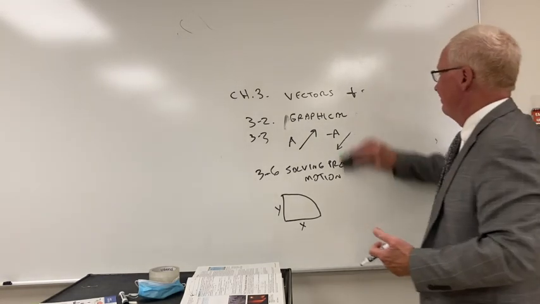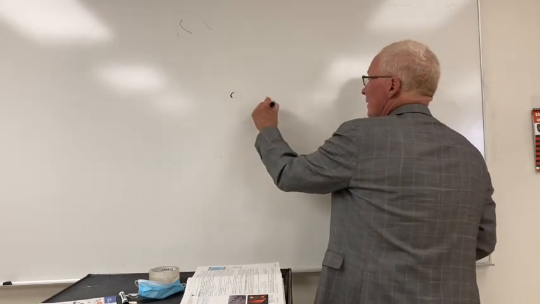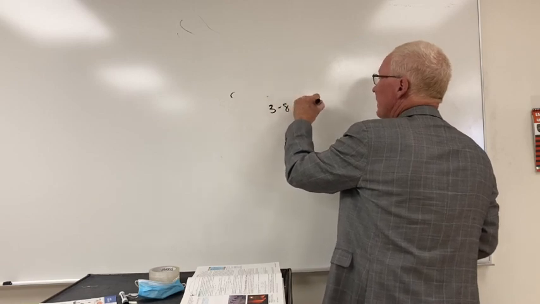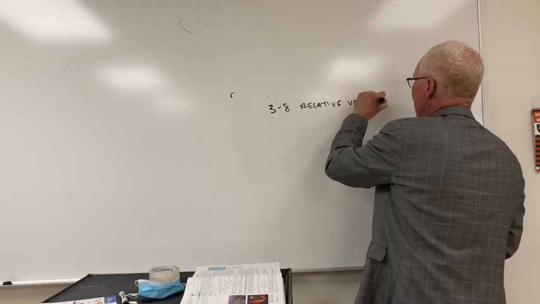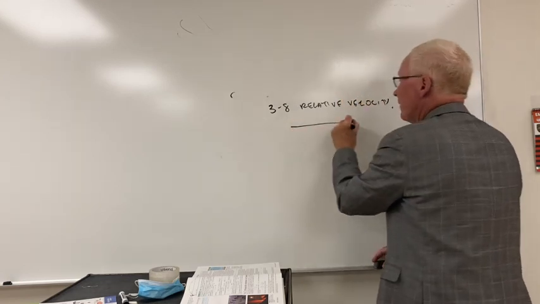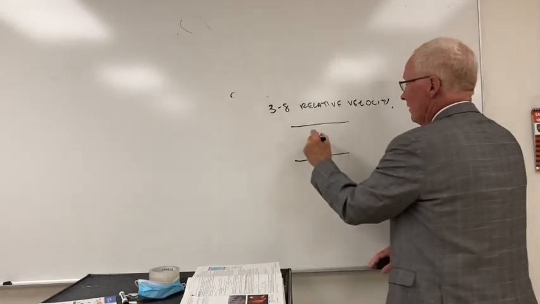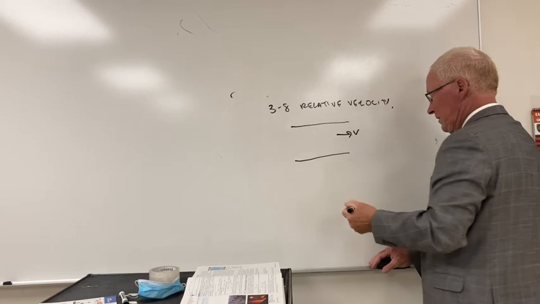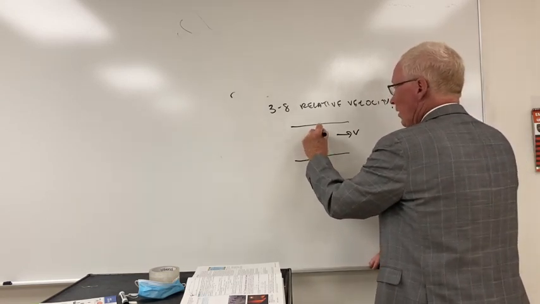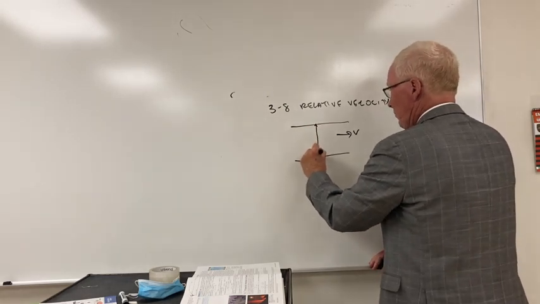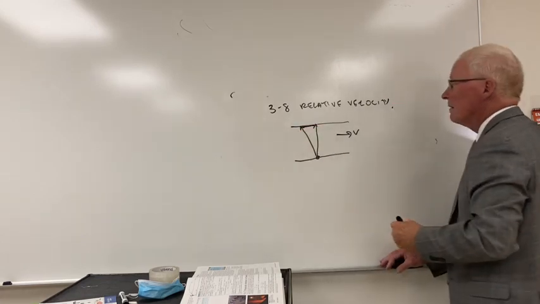And then section 3.8, relative velocity, I went through that. If we have, say, crossing a river, it's probably an example like that. You've got a river with some velocity, and you either want to cross straight across, in which case you have to aim this way so you end up being pulled that way.